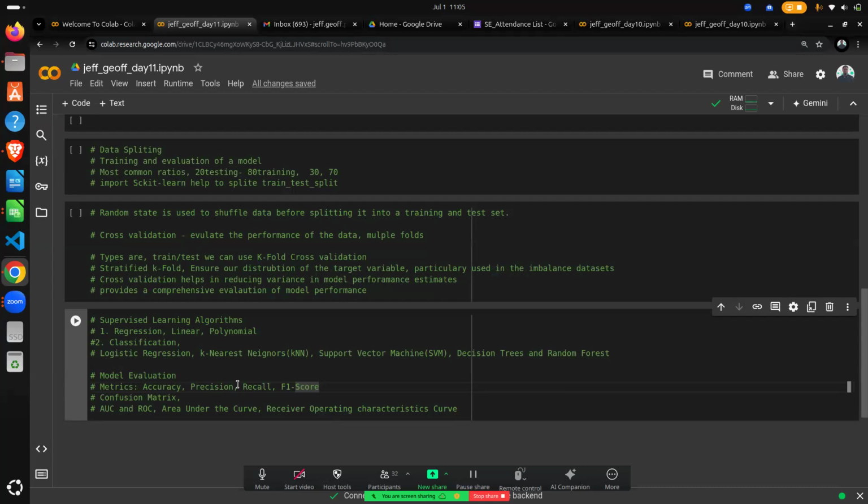Now, the next thing that I can give you, which is very, very important for you, is what exactly machine learning and supervised learning are, in summary.